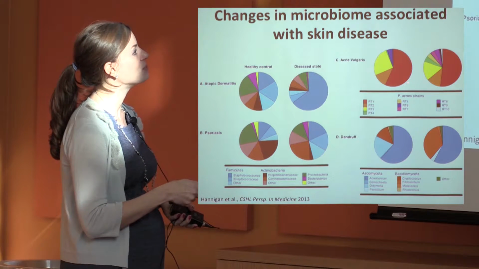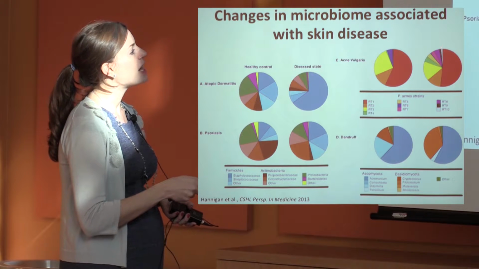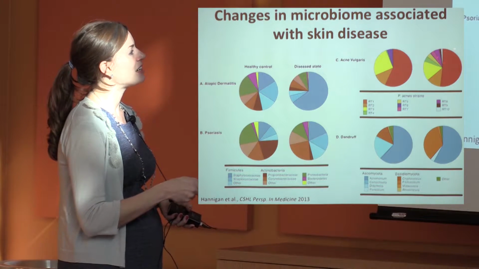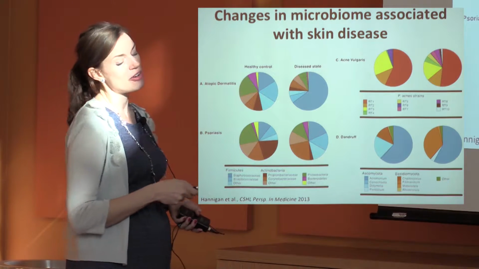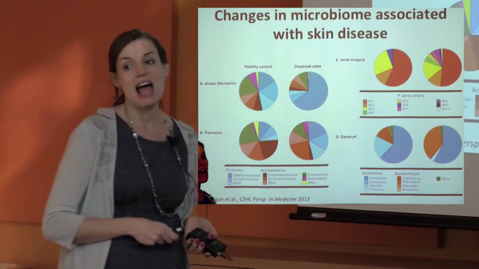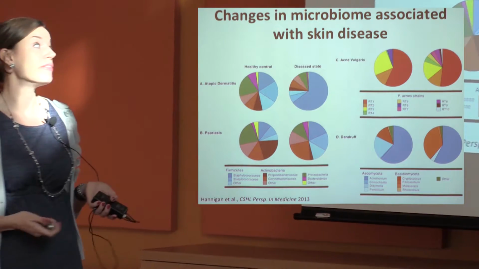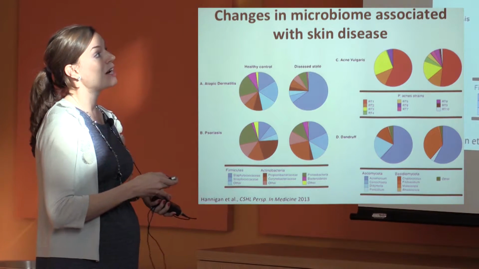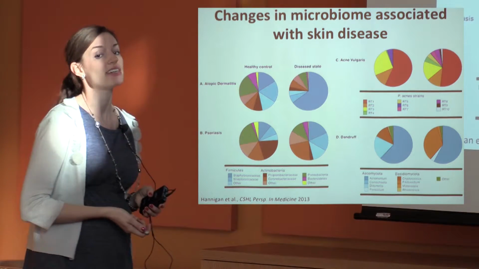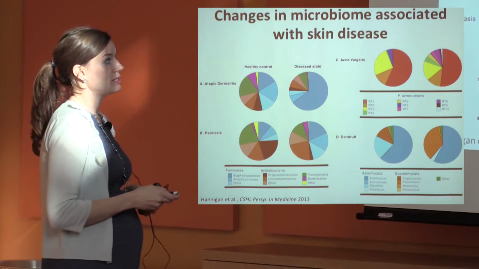I cut this in half so it was bigger. But there are more of these different types of strains in acne skin versus healthy skin. And they did some genetic analysis of those strains and found that they contained a lot of genes that encode pathogens and virulence factors that may be important in the disease.